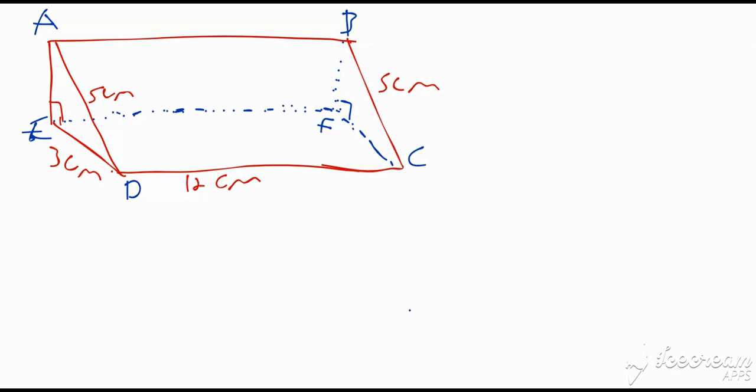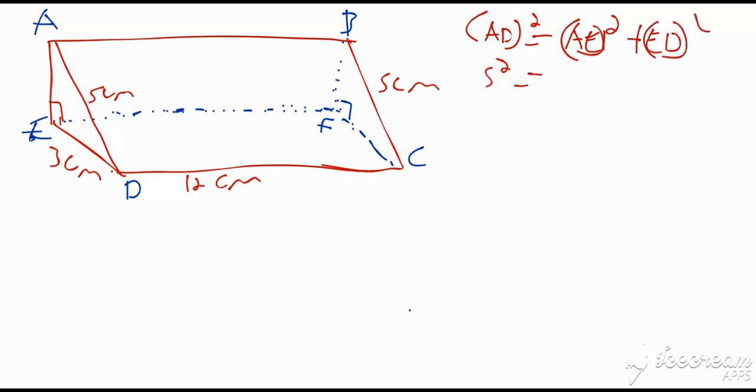So let us go over here and apply that. We can say that AD squared is equal to AE squared plus ED squared. So I'm going to have 5 squared equal, and AE is what we want, so we have AE squared plus 3 squared.